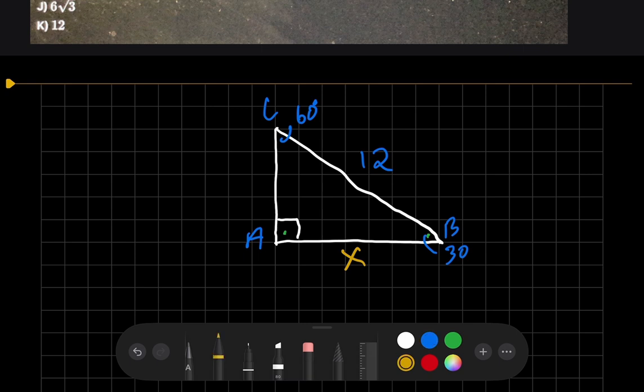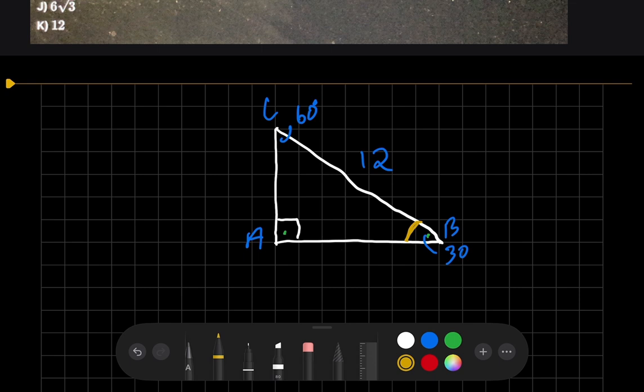So the good thing with discovering this is that we don't have to do any math. We just have to remember what units go where, or what measurements go where. So the shortest side is across from the shortest angle, right?